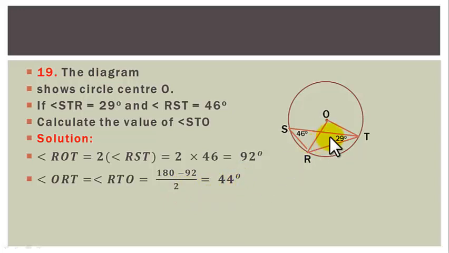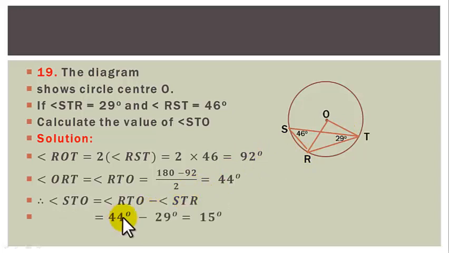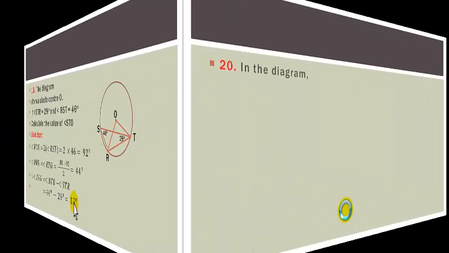So if the whole of this angle is 44 degrees, then the angle we are asked to find, angle STO, will be equal to angle RTO minus angle STR. This is equal to 44 degrees minus 29 degrees, which is equal to 15 degrees.